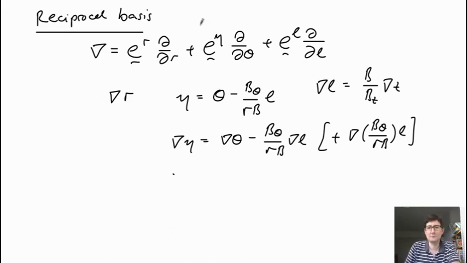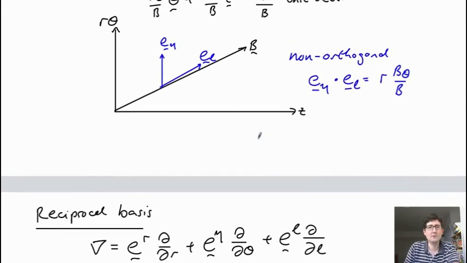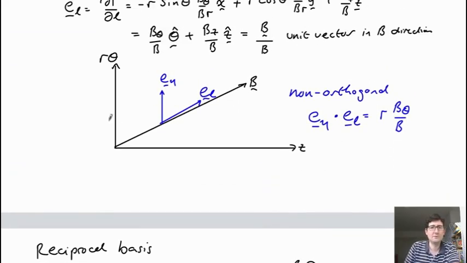We can also draw them and try to get a picture of what these look like. So grad eta is mainly in the poloidal direction, but it has a component which is in the negative L direction.